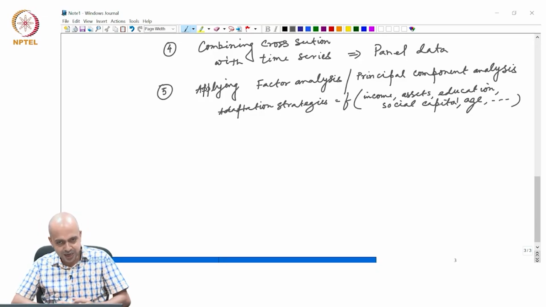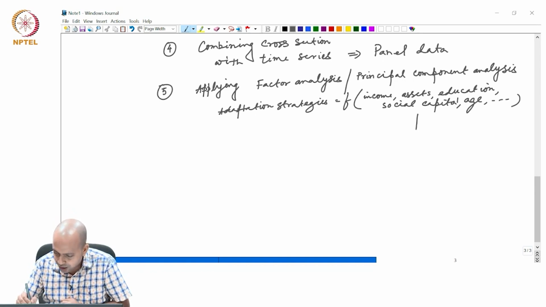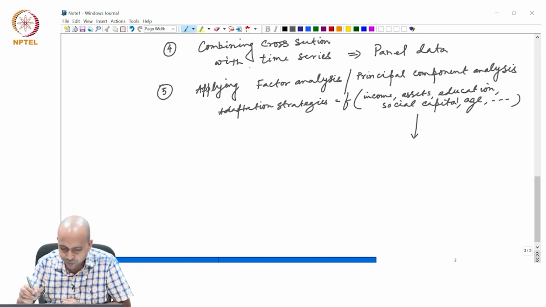Okay? And then you construct some kind of index. If you apply here PCA or factor analysis, principal component analysis, PCA or factor analysis FA, then you will get some kind of adaptive capacity index.